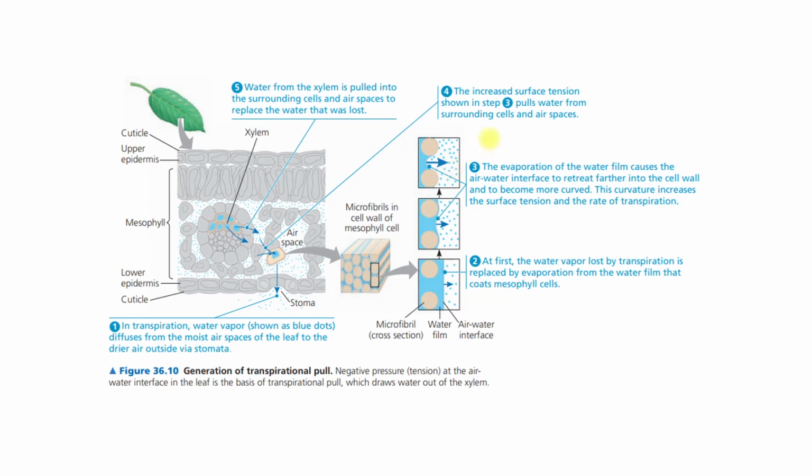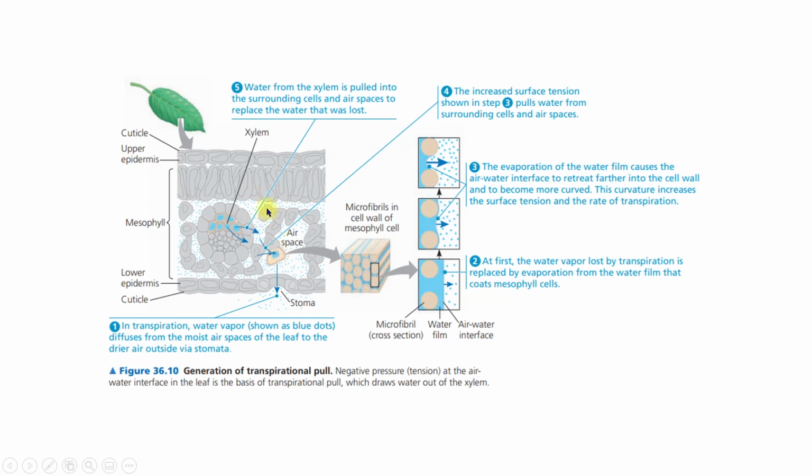Next, this increased surface tension will pull water from the surrounding cells and air spaces. You can see here how water from the surrounding spaces, from the adjacent cell, is being pulled towards the mesophyll, as well as water from the air spaces.